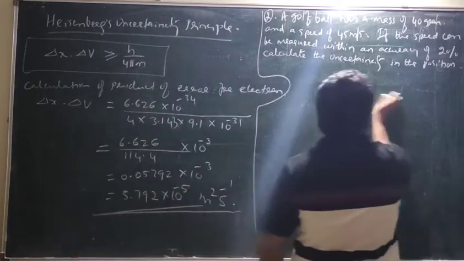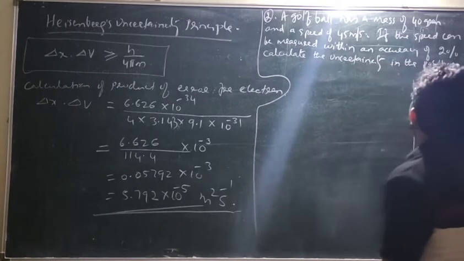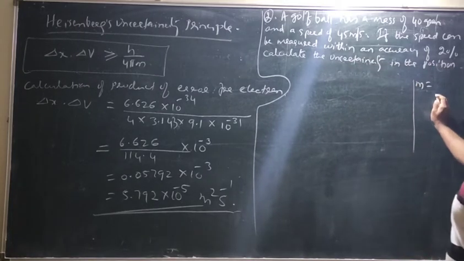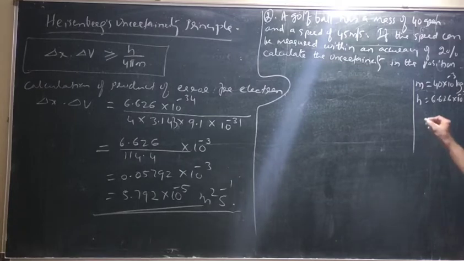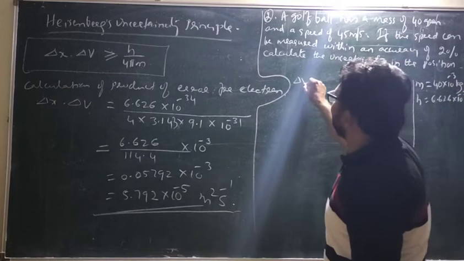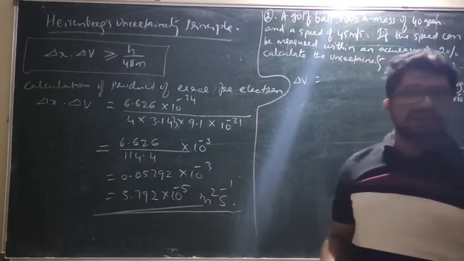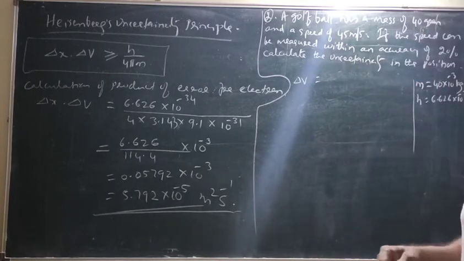See, what are the things given that you should write first? What is mass equal to? 40 gram. 40 into 10 raised to minus 3 kg. Is this correct? Then the value of Planck's constant, 6.626 into 10 raised to minus 34 joule second. Then one more thing. What is delta v you have to find now? Error in velocity is not given. Velocity is given.